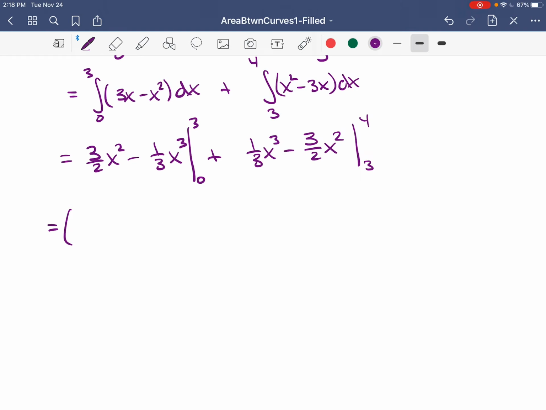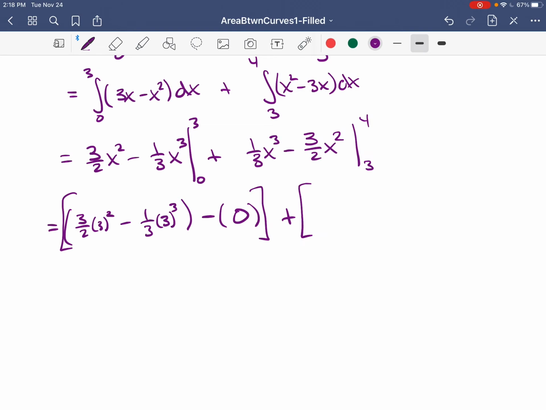So I take this whole thing and I plug in 3: 3 over 2 times 3 squared minus 1/3 times 3 cubed. And then I plug in 0. All of these are going to be 0, so I'm just going to put 0 there instead of writing that all out. Okay, so that is the first one.